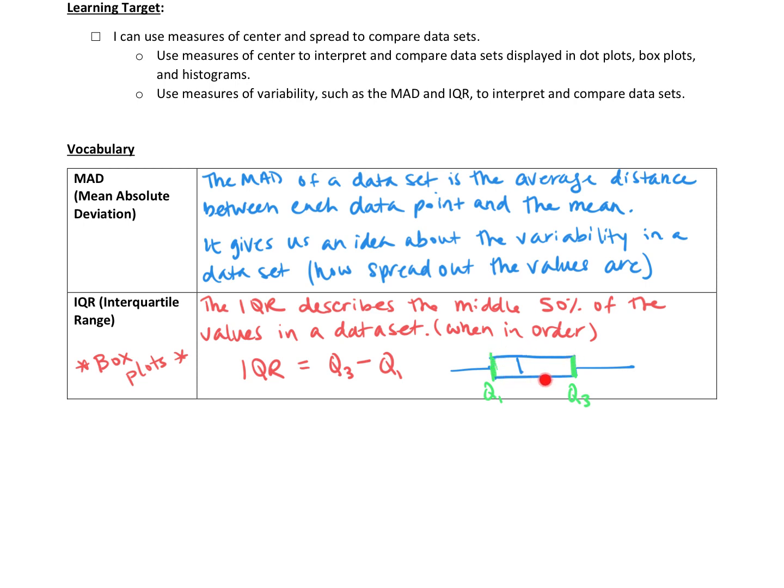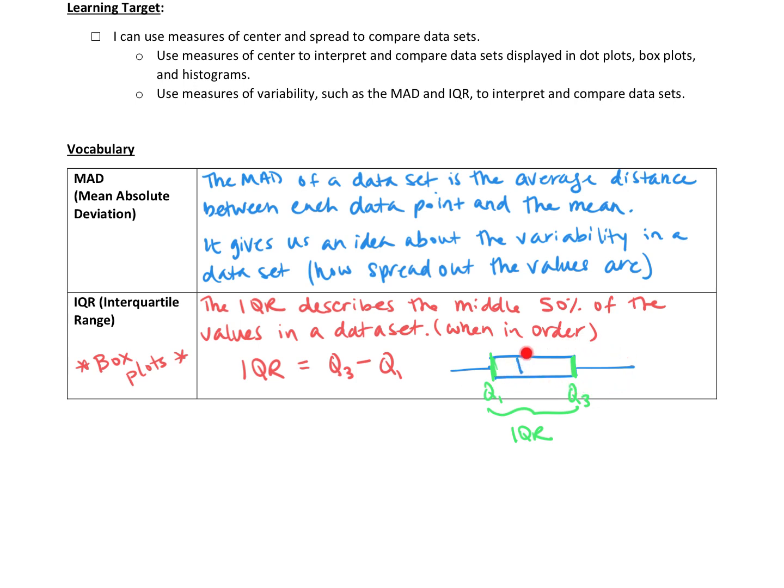This is the middle 50% of your data. So your IQR is essentially Q3 minus Q1, the range of that box. And just a little reminder, box plots take your data, the median right here divides it in half. So here's the lower 50% of your data.